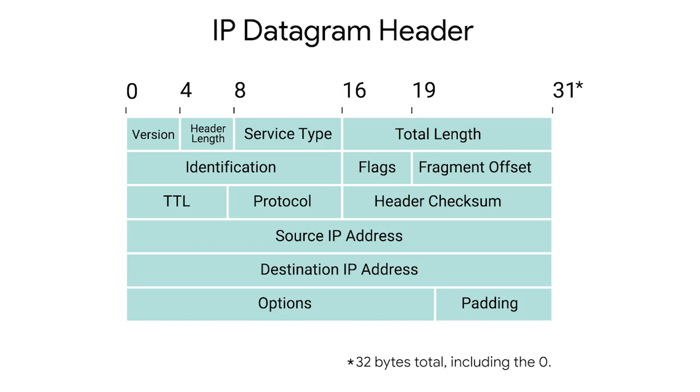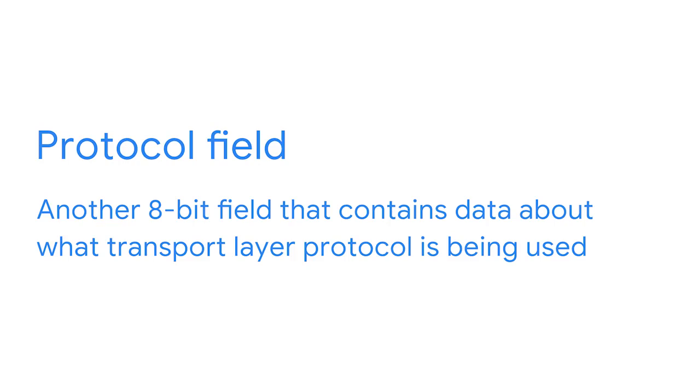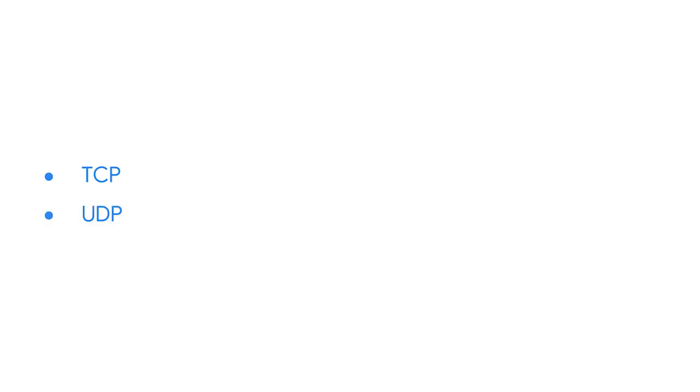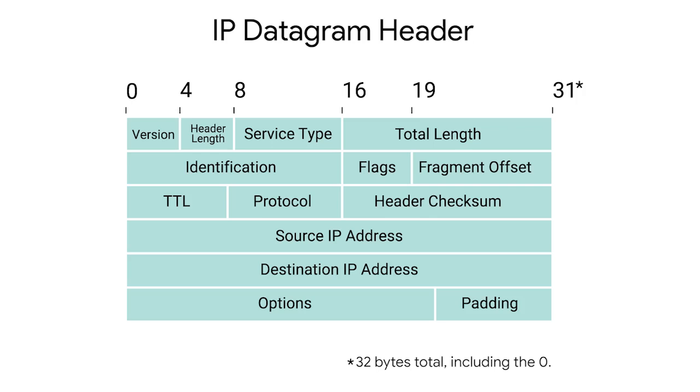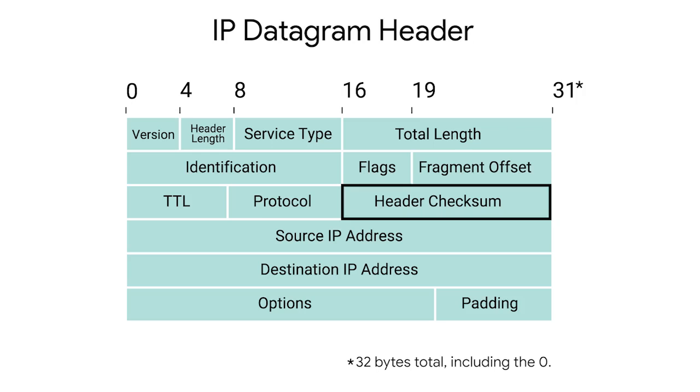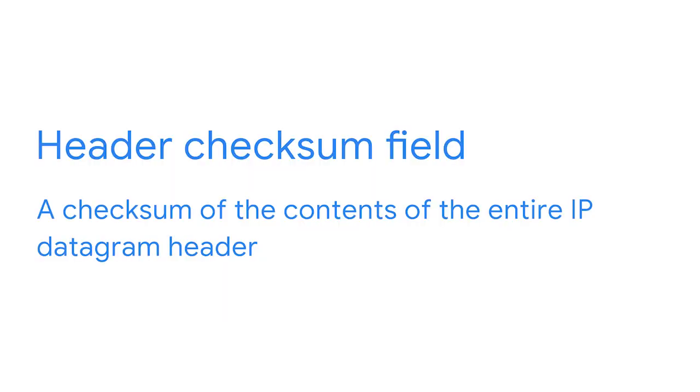After the TTL field, you'll find the protocol field. This is another 8-bit field that contains data about what transport layer protocol is being used. The most common transport layer protocols are TCP and UDP. So next, we find the header checksum field. This field is a checksum of the contents of the entire IP datagram header.